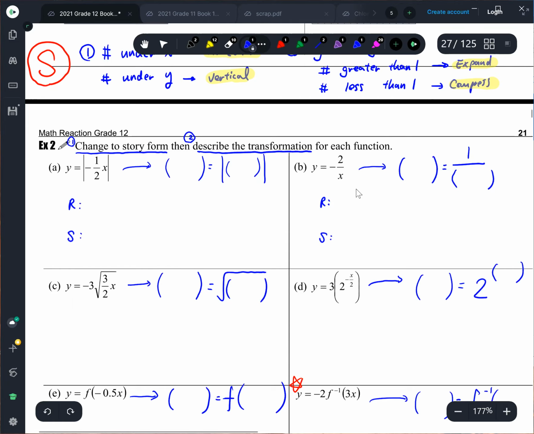Even if you don't think it's correct, just try it out, and then you can correct later if it's wrong.